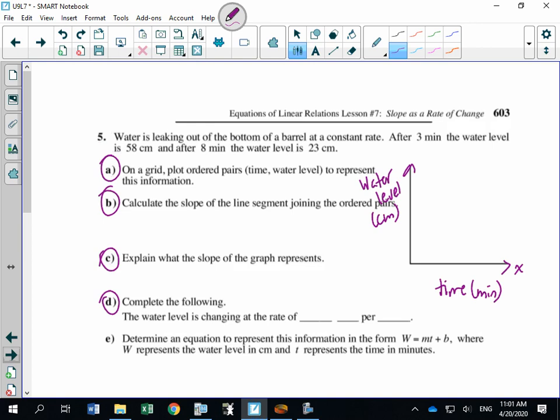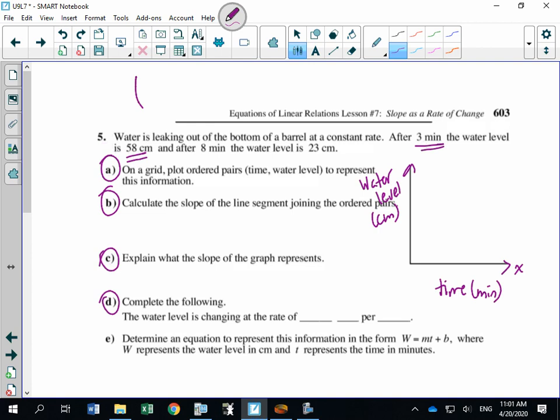Okay, so just to quickly read what's happening: water is leaking out of the bottom of a barrel at a constant rate. So you've got maybe so much water in a barrel, and as time goes on, the water's leaking out. After 3 minutes, the water level is 58 centimeters. So think about that. Can you guys figure out what the ordered pair would be after 3 minutes?